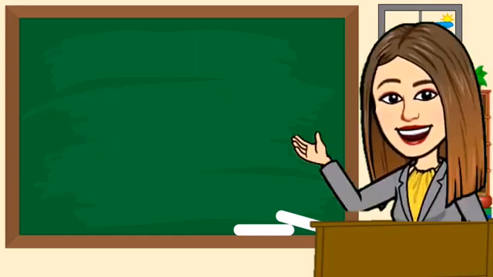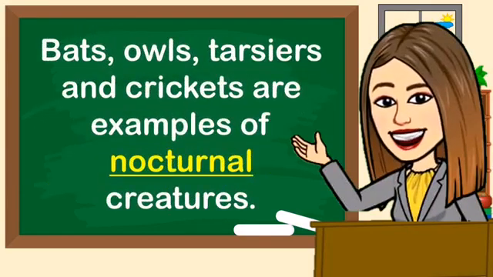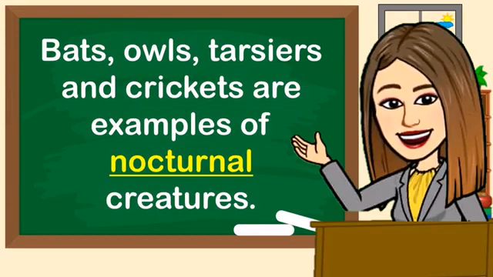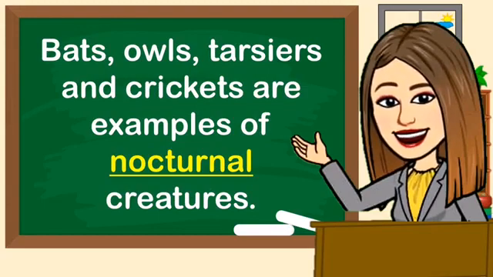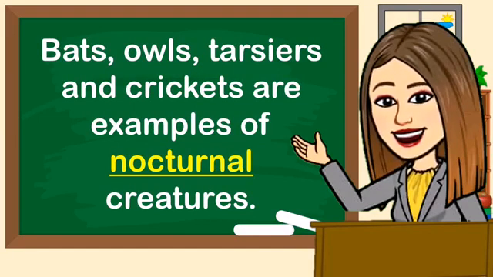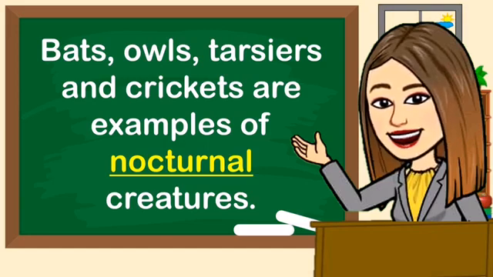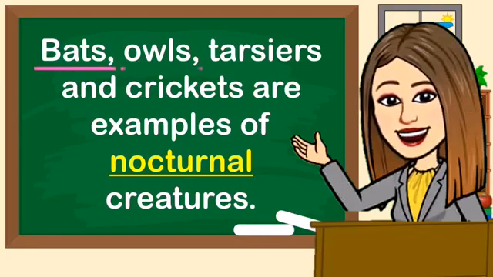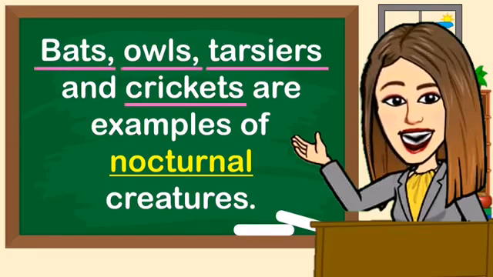Example: bats, owls, tarsiers, and crickets are examples of nocturnal creatures. The unfamiliar word is nocturnal. What words in the sentence help you in getting the meaning of the word nocturnal? So the correct answer is bats, owls, tarsiers, and crickets.